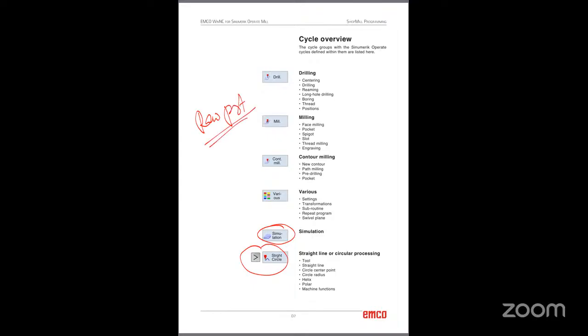If your raw part is correct, then you can check your simulation. Cycle overview means you can select the appropriate machining operations. Normally in lab, first we will start with face milling, then after that pocket milling, slot milling, etc.